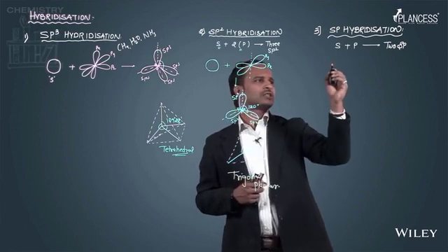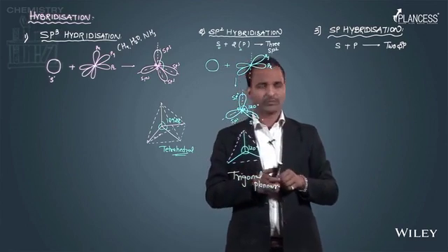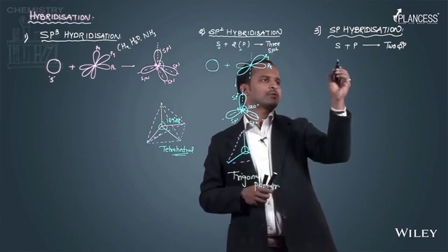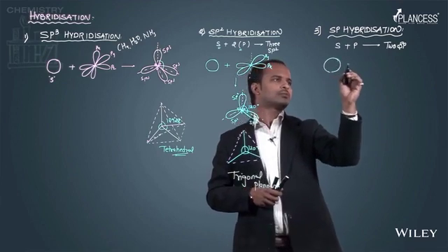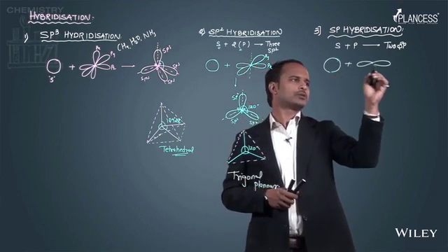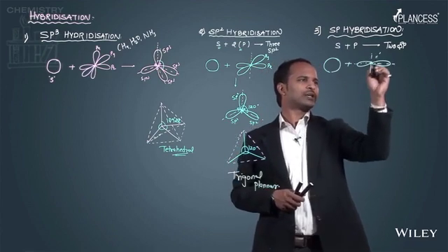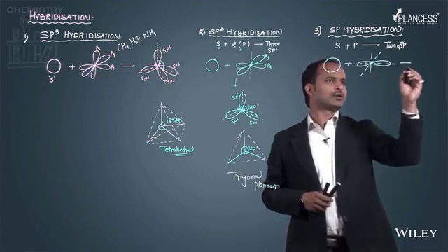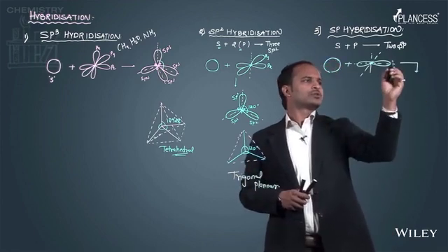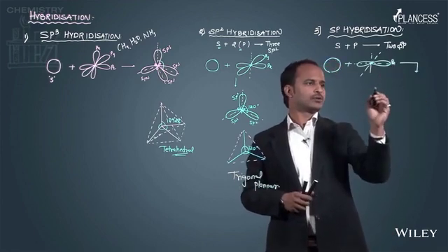In this case, one s and one p orbital undergo mixing and recasting. Out of px, py and pz, only px is undergoing it. So you get two new orbitals.